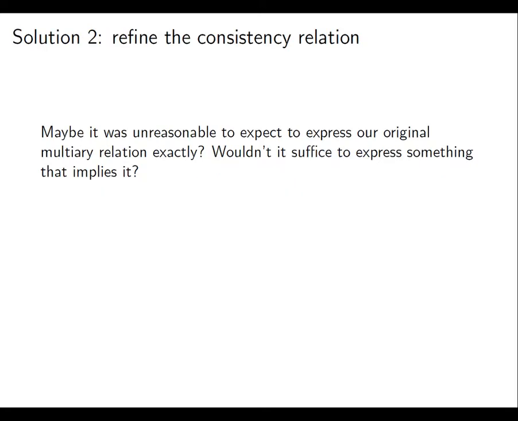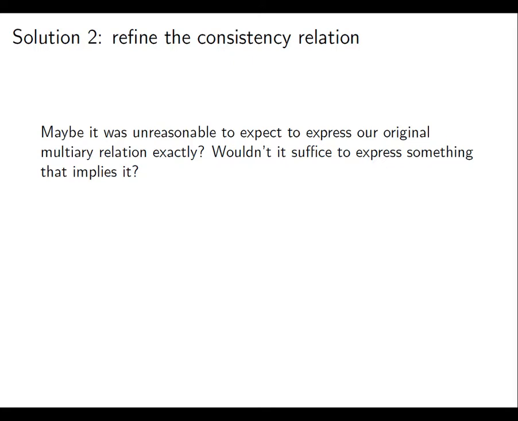So the second thing we might do is to try refining the consistency relation that we were given. So we started off by saying we were going to be given, as part of the requirements, a Multiary relation between our different model sets, and we were going to try to find a collection of binary consistency relations that expressed exactly that.